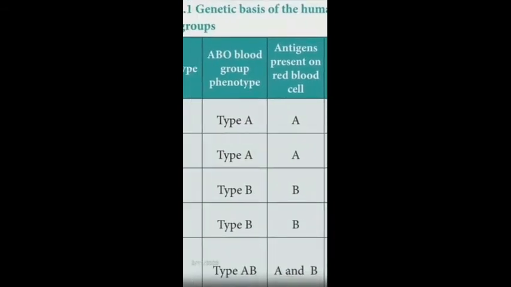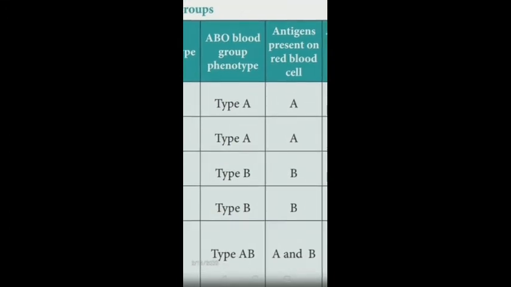Antigen A and antigen B are dominant when compared to IO, but they are co-dominant to each other. IA and IB are both dominant, that is why they are said to be co-dominant to each other. The dominance hierarchy can be given: IA equals IB, greater than IO.